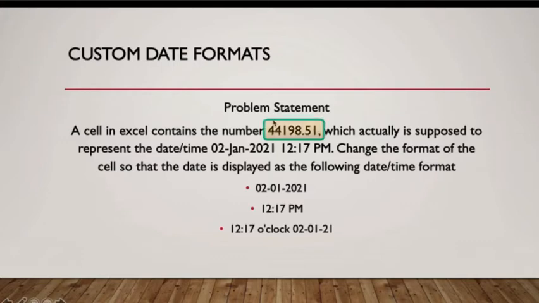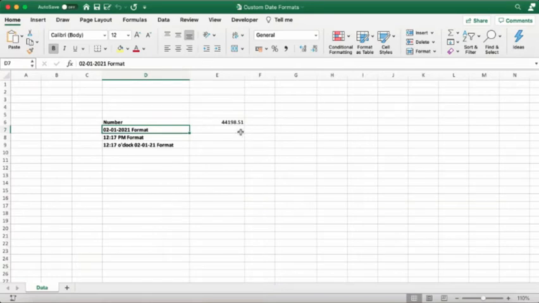For example, the number 44,198 is how Excel understands the value in the background. However, we can change the format so that to us, when we read it, it is displayed as 2nd of January 2021 at 12:17 p.m. or so on. So the format is just to increase readability and understanding, whereas the value in the background and the calculations are all based on this number. With that, let's dive right into the solution to this problem.